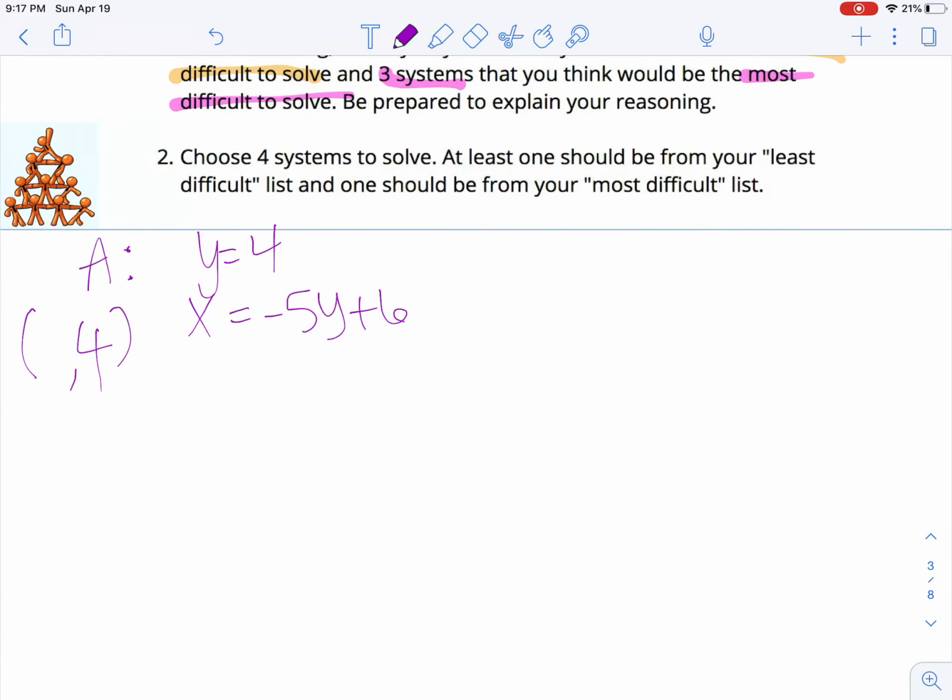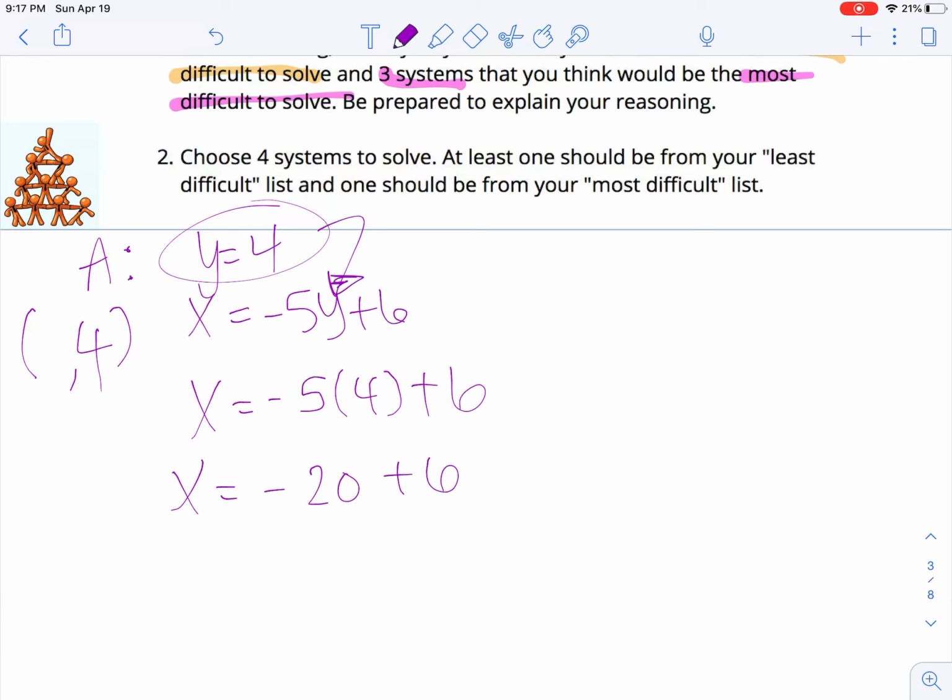Remember how you plug it in? So like that's going to go to wherever y is. So I'm going to say, okay, x equals negative 5 times 4 plus 6. So x equals negative 20 plus 6. So x equals negative 14. And then negative 14 is my x, and I do something like that.